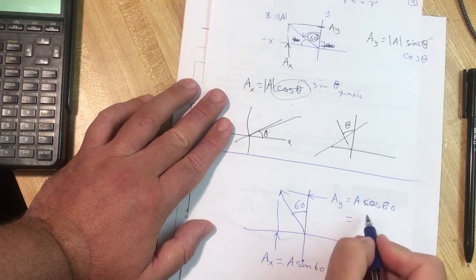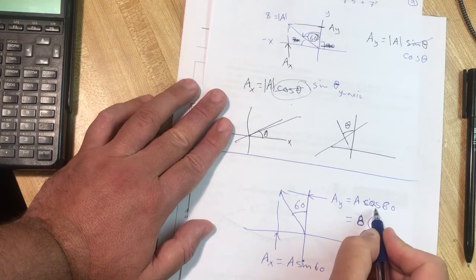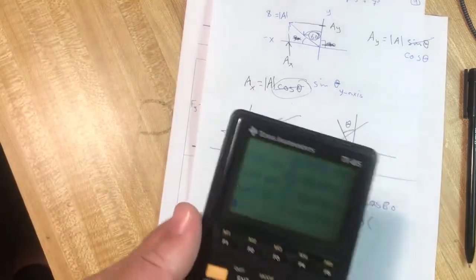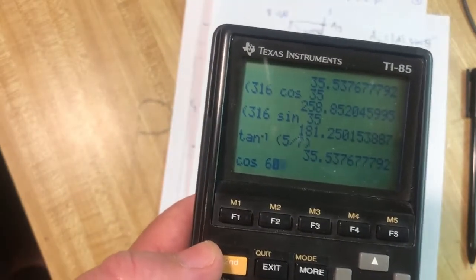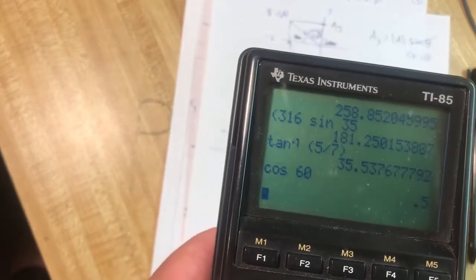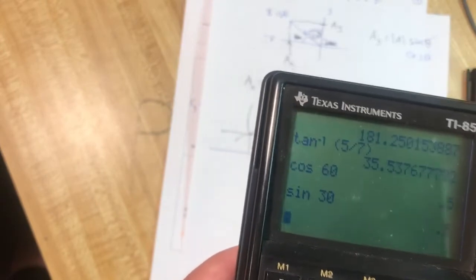This will be equal to A, which is 8, cosine 60 in degrees. Look here, cosine 60 is half. Sine 30 is half.